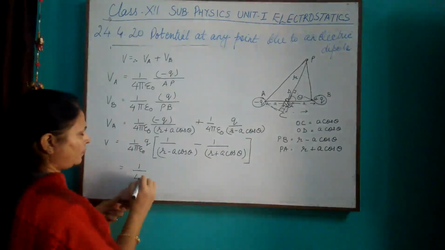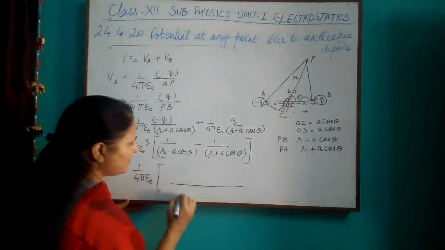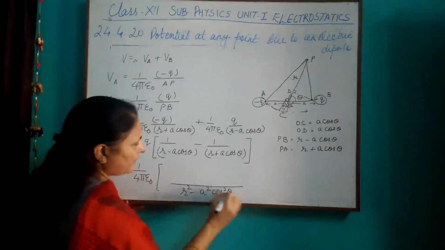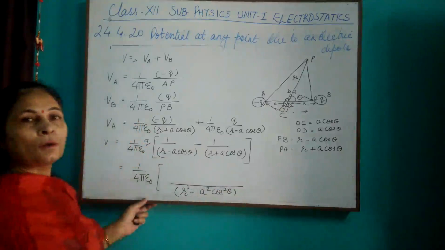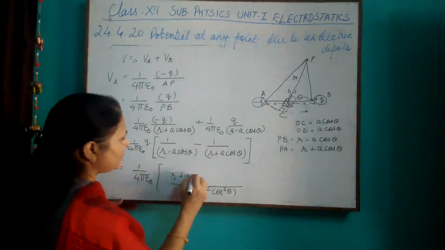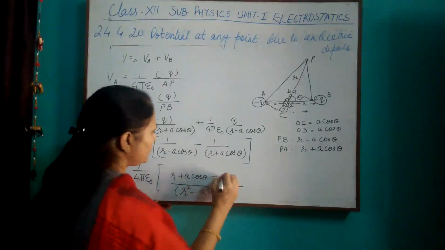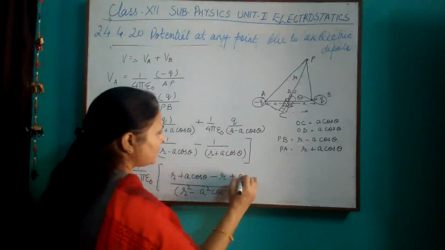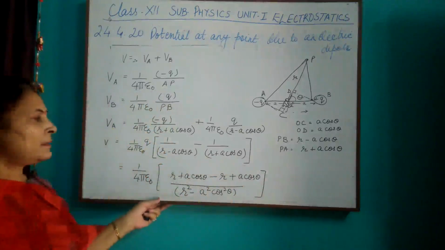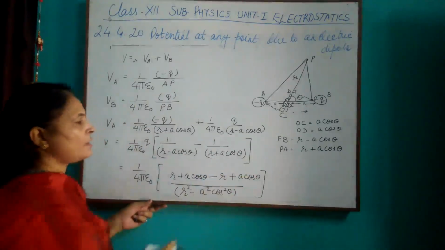This will give you 1 by 4 pi epsilon naught. You can take the LCM. R square minus A square cos square theta, and this will be R plus A cos theta minus R plus A cos theta, minus R, so minus R plus A cos theta.